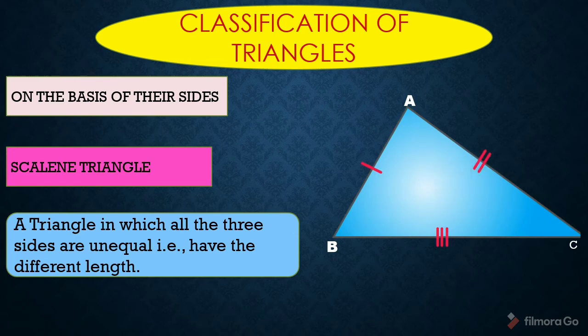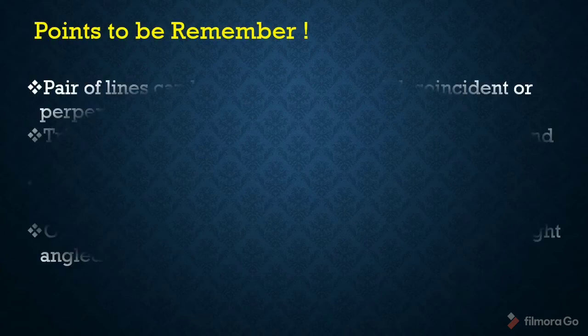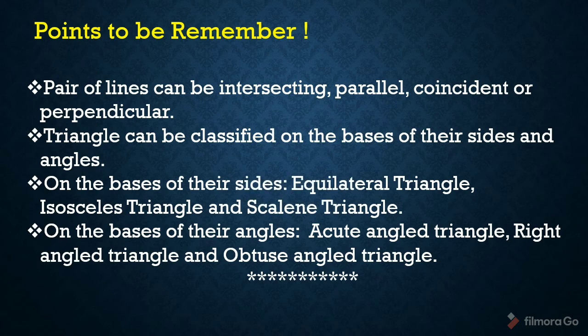Points to be remembered. Pair of lines can be intersecting, parallel, coincident or perpendicular. Triangles can be classified on the basis of their sides and angles.